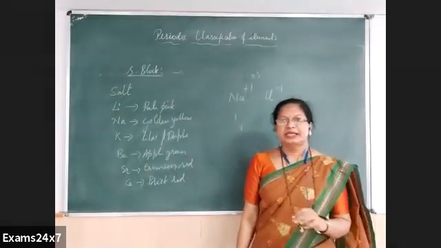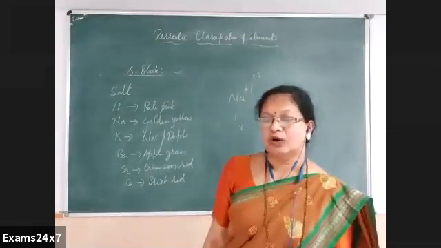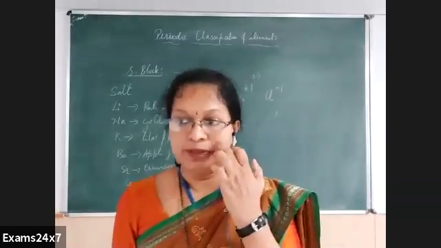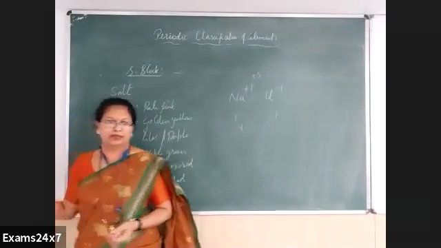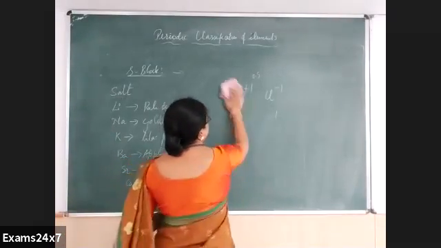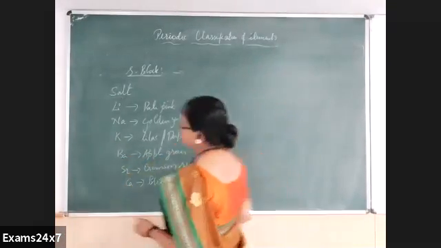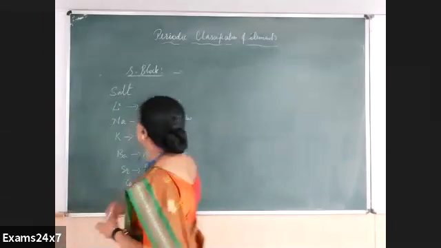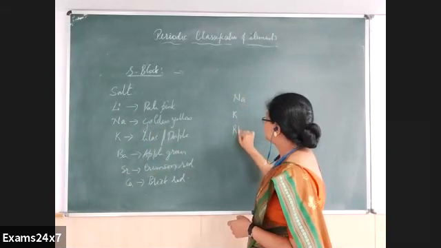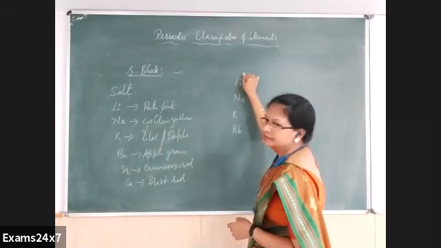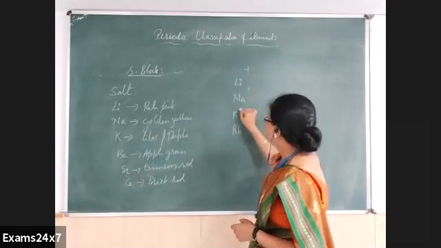Okay. Is there any relation of valency of s block elements with the group number? What is the valency of sodium, potassium, rubidium, etc., starting from lithium? These all are +1 charge, no?